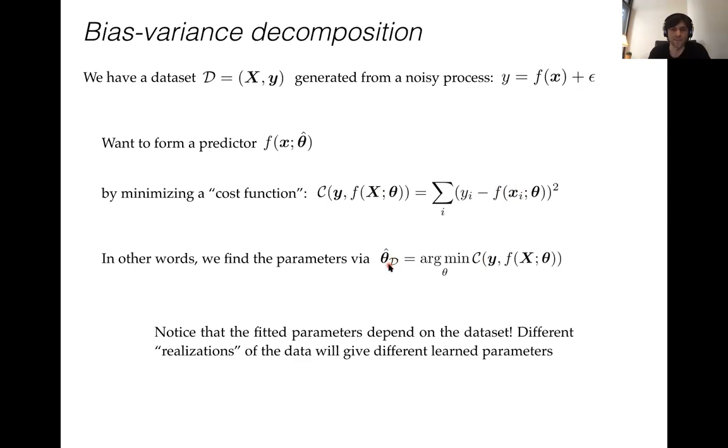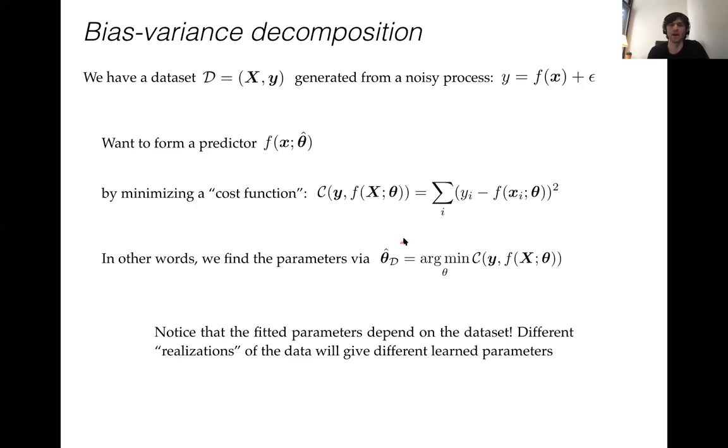And what I want to emphasize, by putting a subscript D on the parameters that you find, is that the fitted parameters depend on your data set. So if you imagine a multiverse where you get different realizations of data sets from this process, every time you fit from one of those data sets, you'll get different values for these parameters.